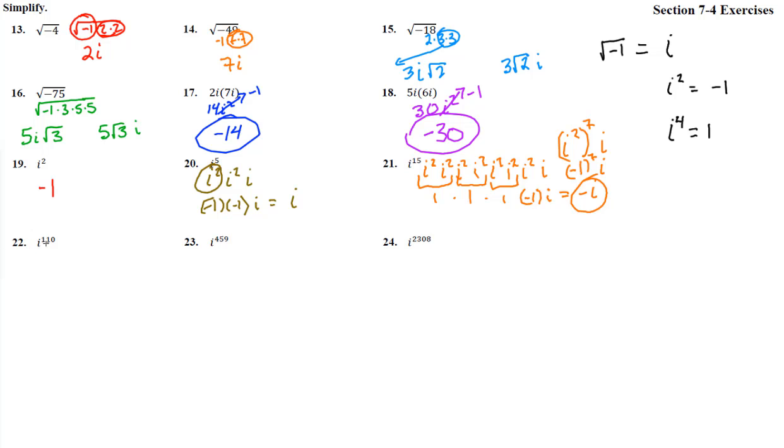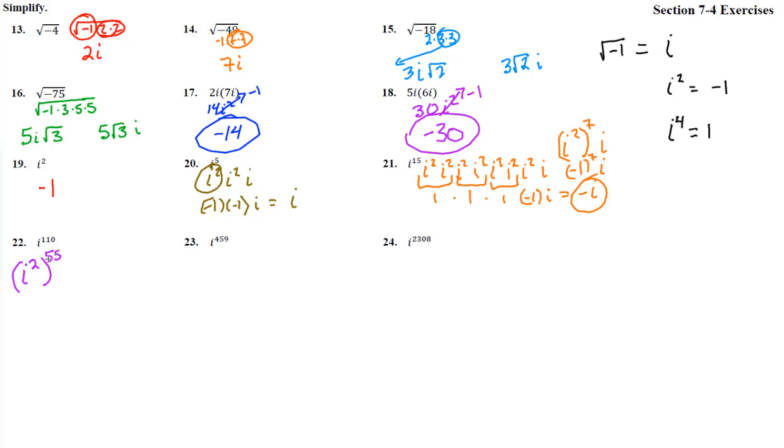i to the 110th power. Wow. Well, let's use that trick we used right there. This is i squared to the 55th power with no remainder, no remaining i's left over.